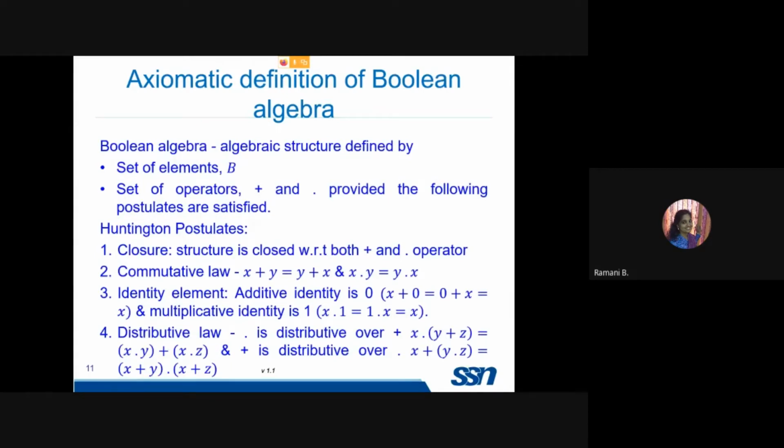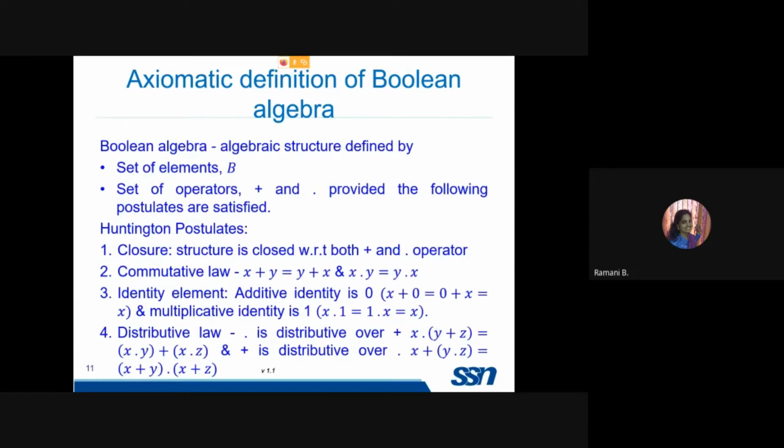The axiomatic definition of Boolean algebra: Boolean algebra is an algebraic structure defined by a set of elements B. As it is Boolean algebra, we denote the set of elements by B. It can be anything, but the general convention is to denote it as B. You have the set of operators plus and dot.